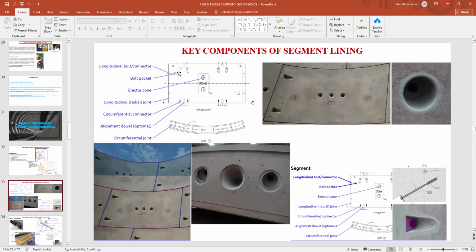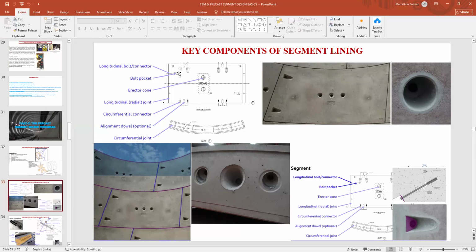Now, sometimes you also put an alignment dowel. It's optional, but the alignment dowel basically fixes how the segments are placed and how the ring follows the curve when it is formed, because, as I told you earlier, when the TBM is negotiating a curve, the segments should follow the same path.